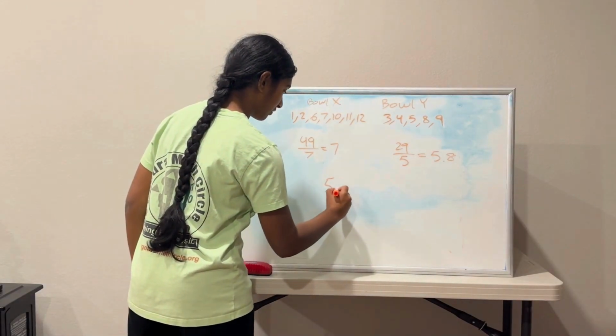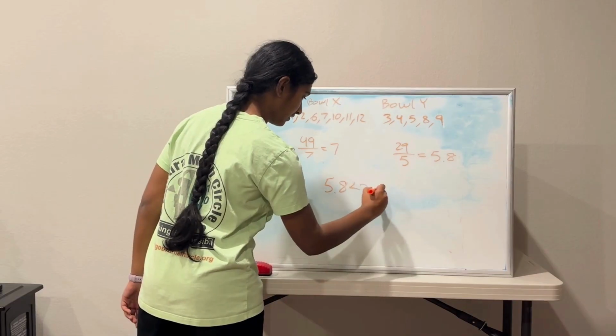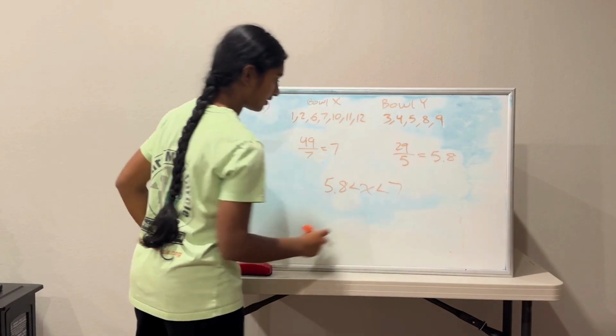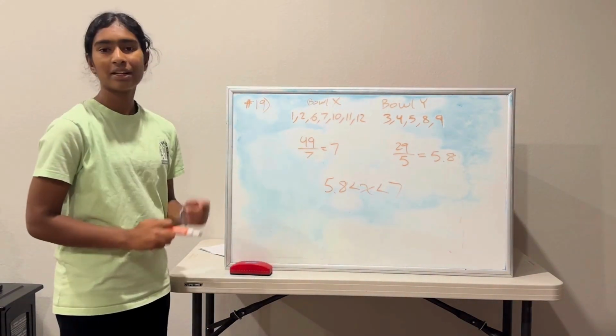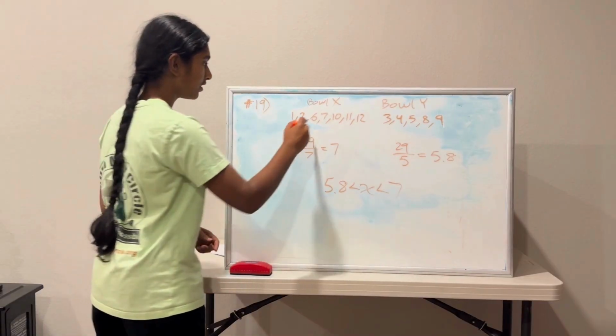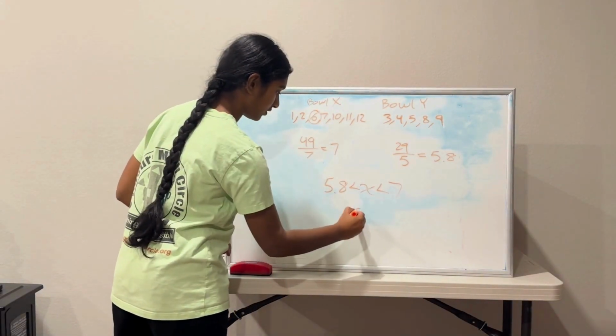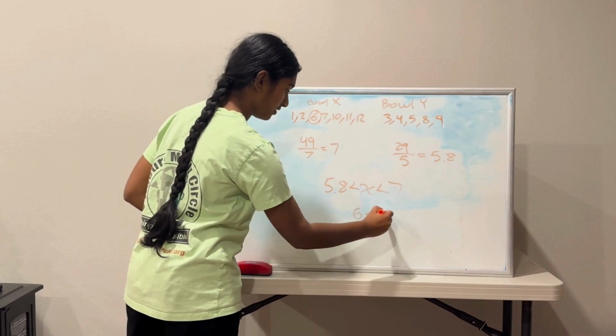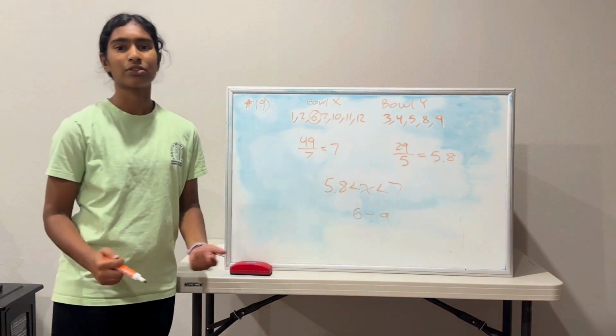So we want our number to be like this. And the only number that's in bowl X that fits that category is 6. So our answer is 6, which is A. So our answer is A.